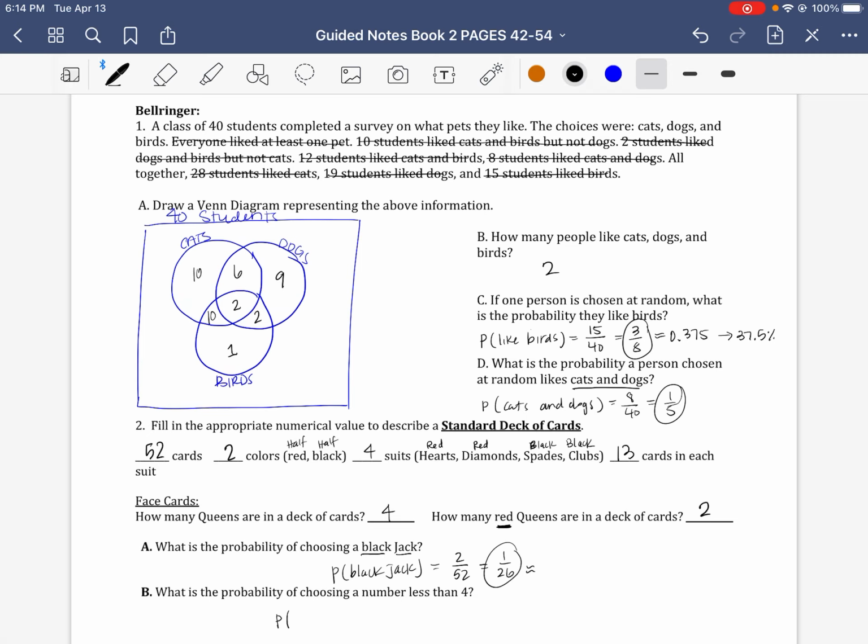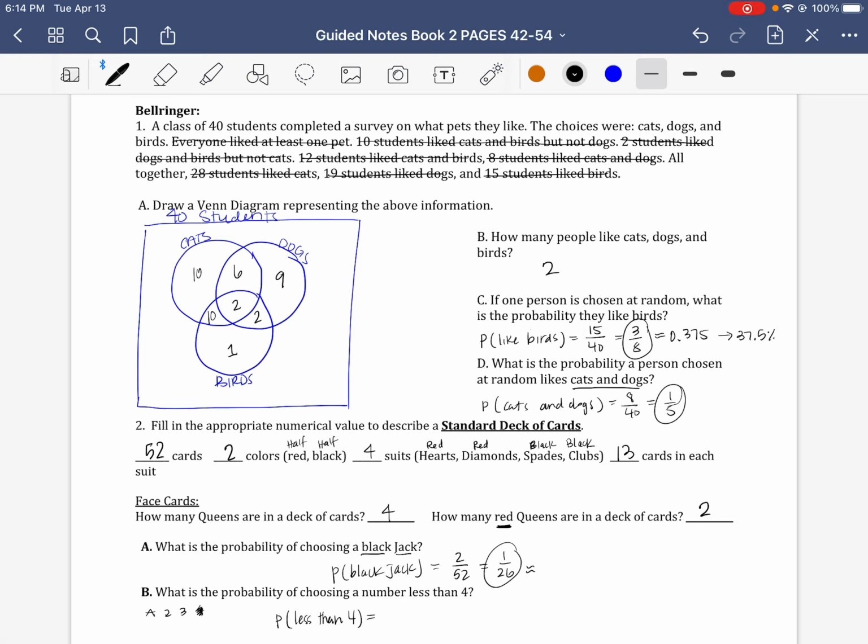The next one says, what's the probability of choosing a number less than 4? So if you think about inside a deck, how many numbers are less than 4? In each suit, right? You have an ace that represents a 1, and you have a 2, and you have a 3, and then you get to 4. So what's less than that would be 1, 2, 3, and there's 3 of those in each suit.